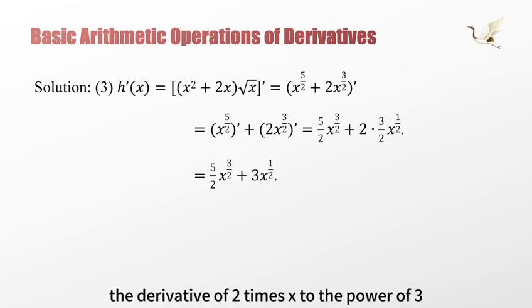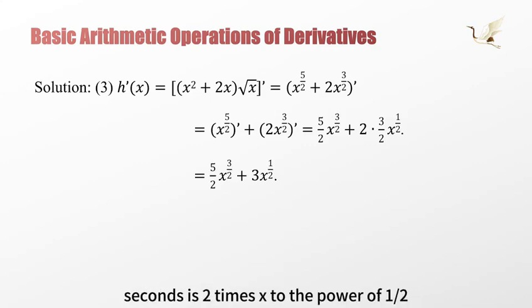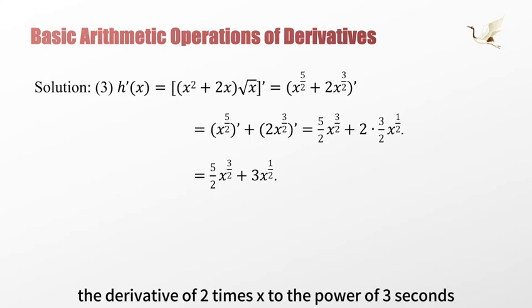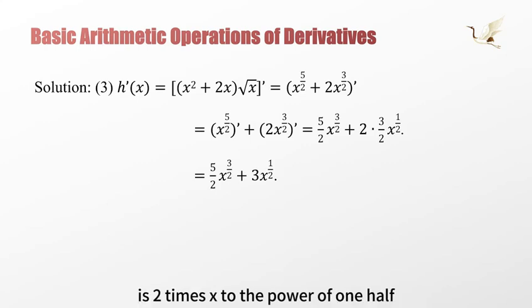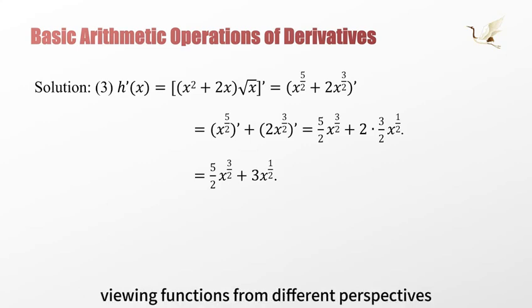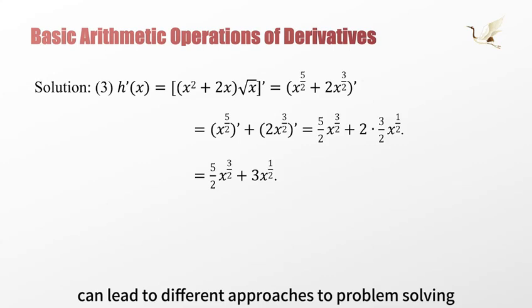The derivative of 2 times x to the power of 3/2 is 3 times x to the power of 1/2. Further organization can be written as 5/2 times x to the power of 3/2 plus 3 times x to the power of 1/2. Viewing functions from different perspectives can lead to different approaches to problem solving.